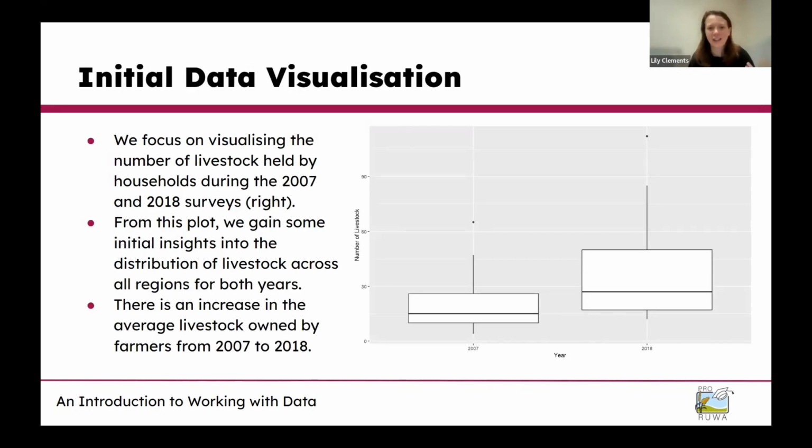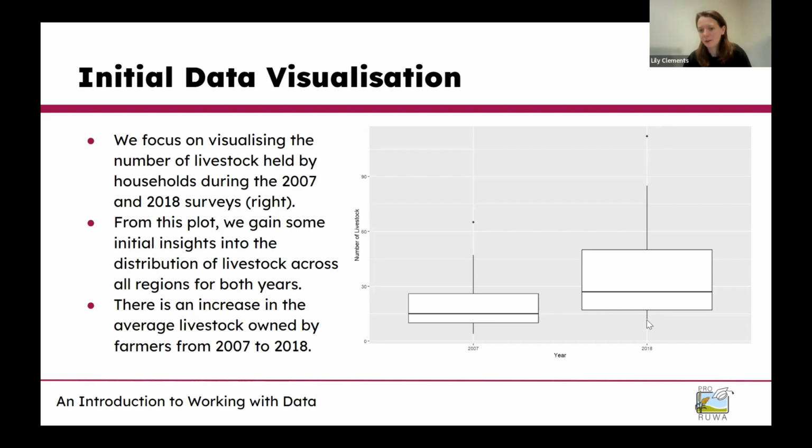So let's do the initial data visualization. We've taken our data and we're going to look at the number of livestock in 2007 and in 2018. Here we have a box plot to look at this. Back in topic 1, there is some material on interpreting different plots and box plots. But just briefly here, the box plot shows the spread of data. It gives your maximum point, which is the point up here, so someone in 2018 said they had over 100 livestock.